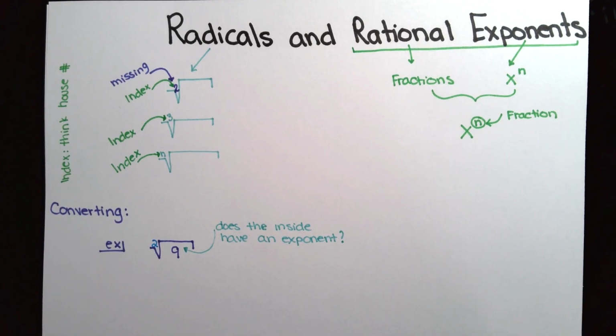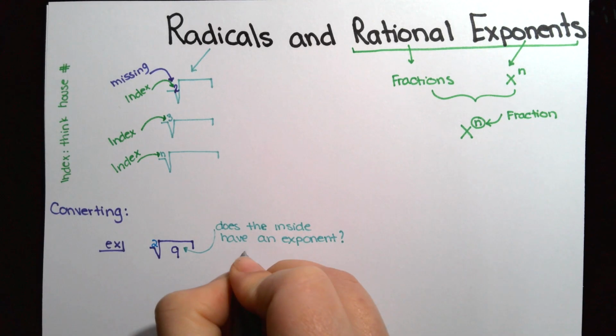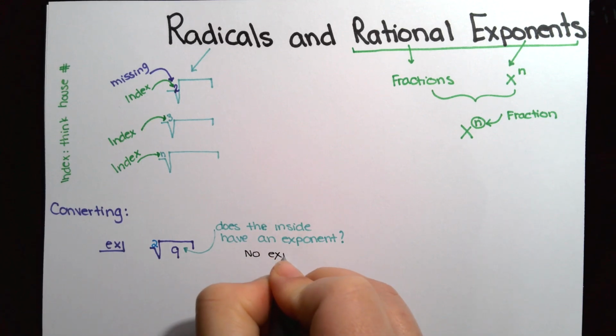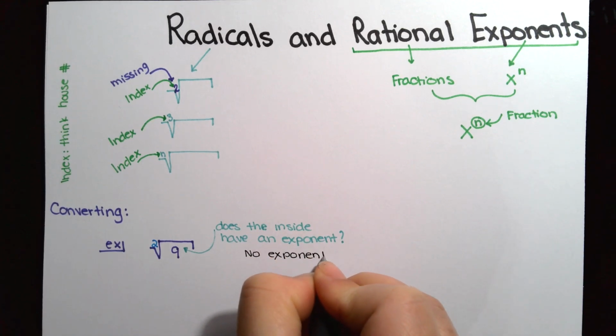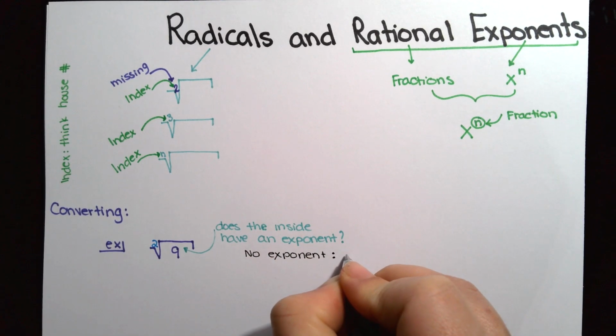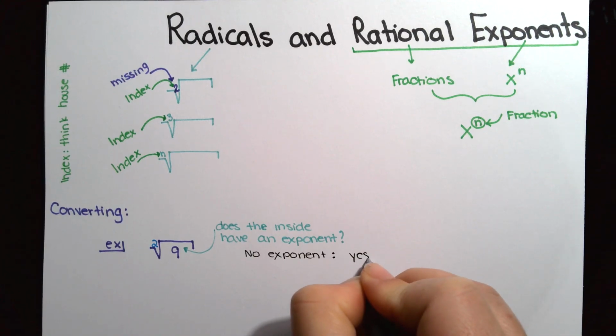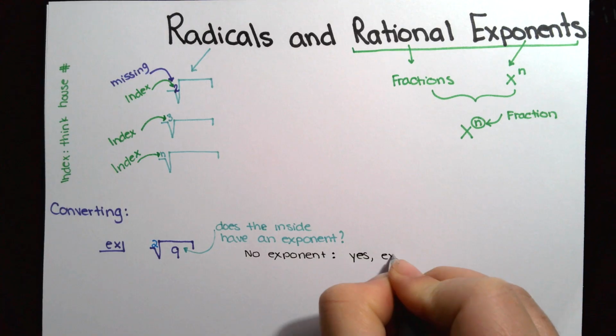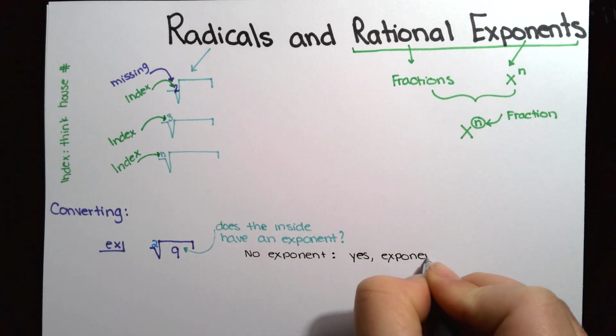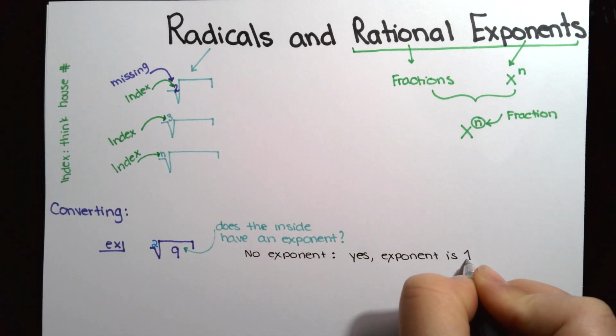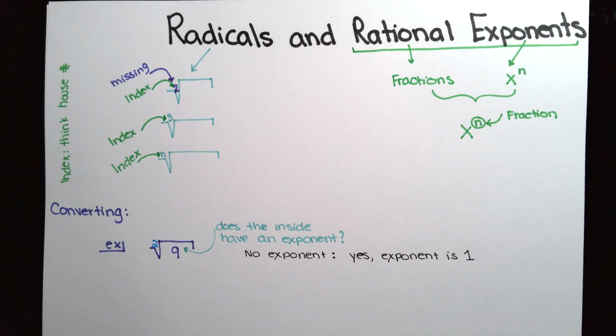If no exponent, that means yes, there is an exponent, and that is 1. So sometimes you do see an exponent, sometimes you don't see an exponent.